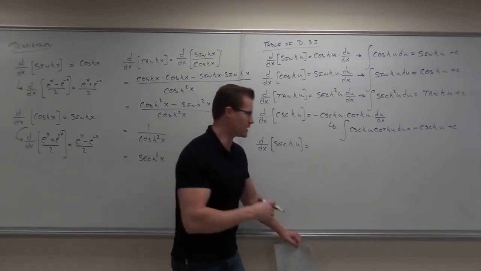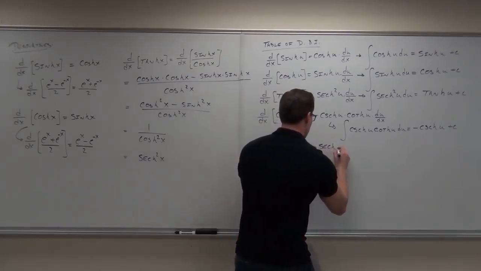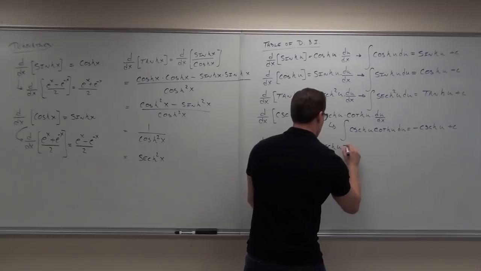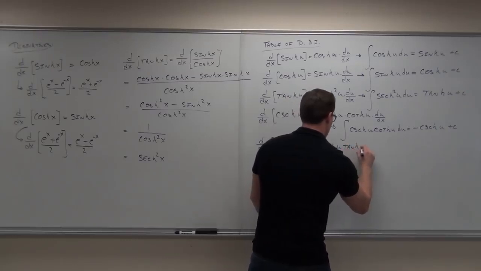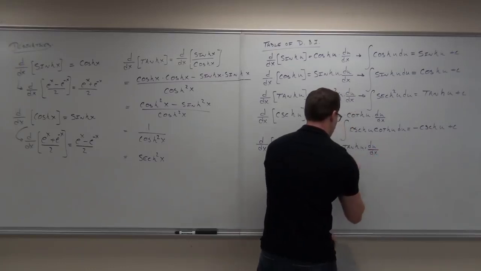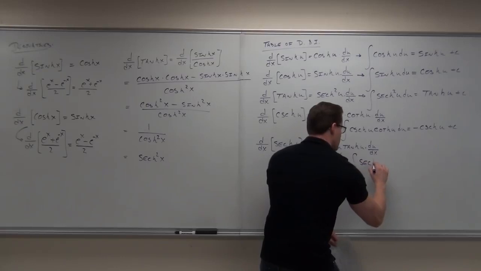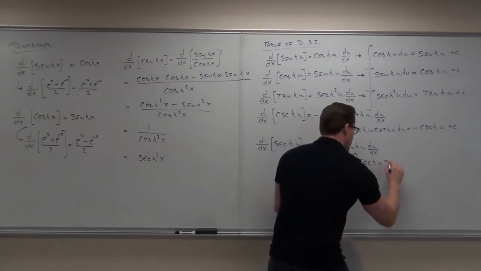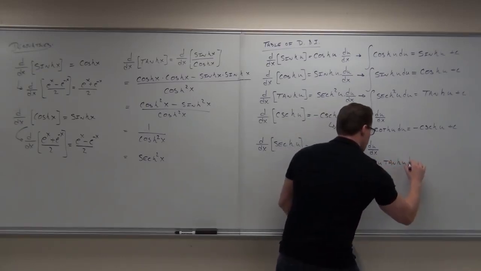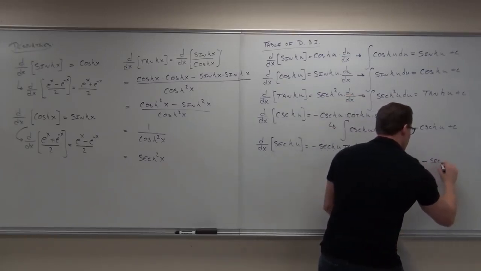Notice how some of the signs change. Which means that if I have a hyperbolic secant and hyperbolic tangent, we're going to get negative hyperbolic secant.